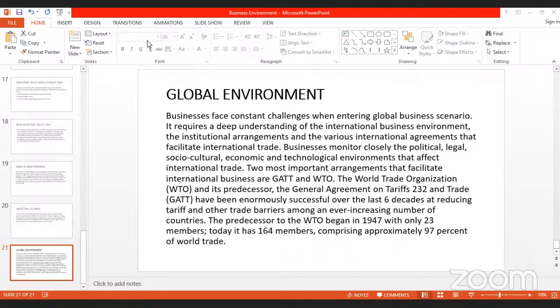Yes, so I was telling about the three internal bodies: the General Council, the Dispute Settlement Body, and the Trade Policy Review Body. The General Council comprises representatives of all member countries and acts on behalf of the ministerial conference.